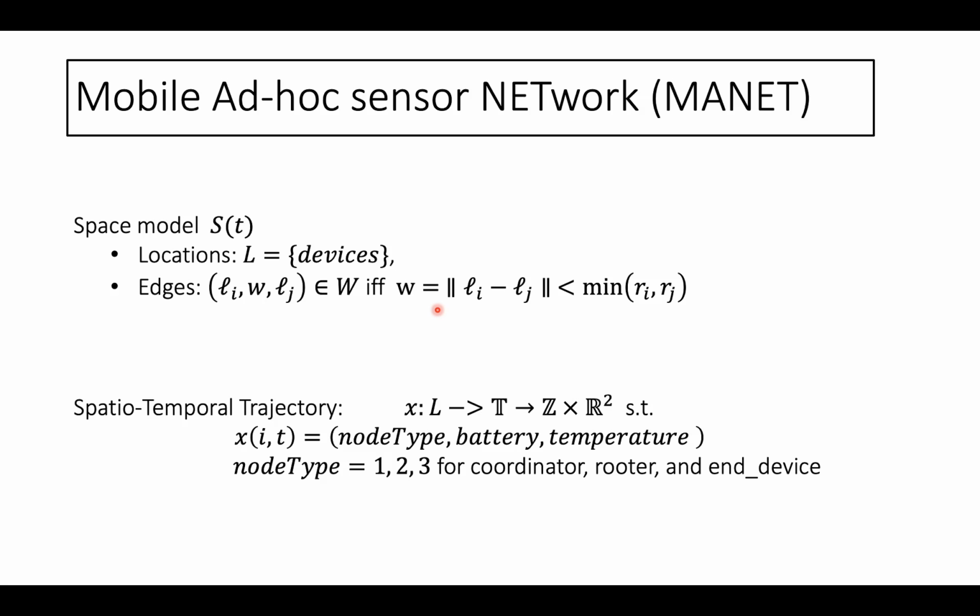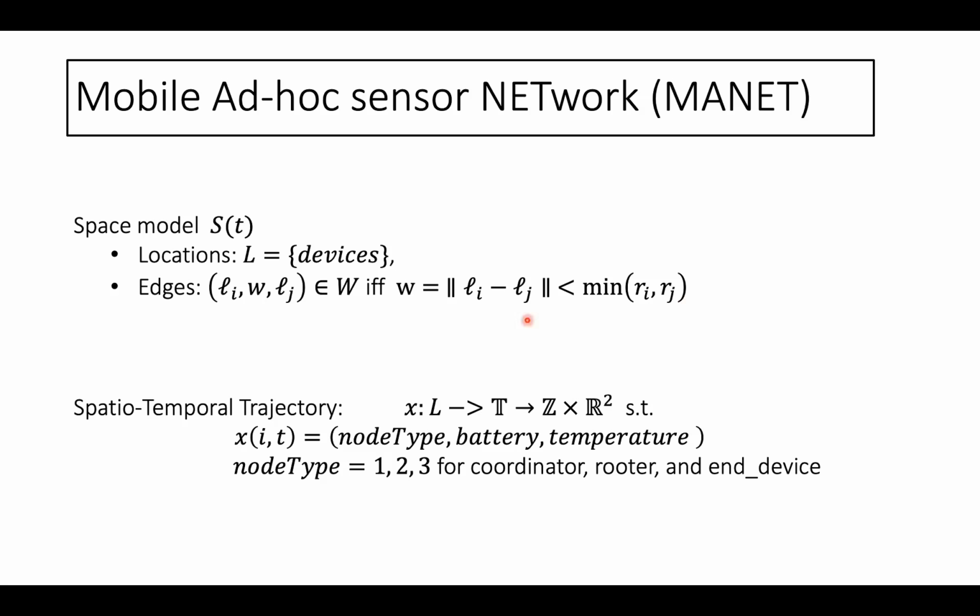So here, considering just the connectivity graph, we say that there is an edge between two locations if and only if the Euclidean distance between the two locations is less than the minimum of the two communication ranges of Li and Lj.